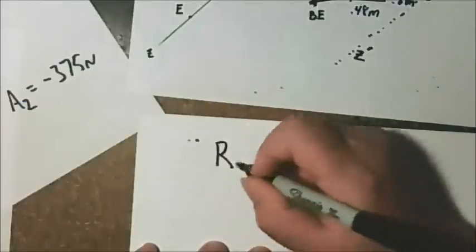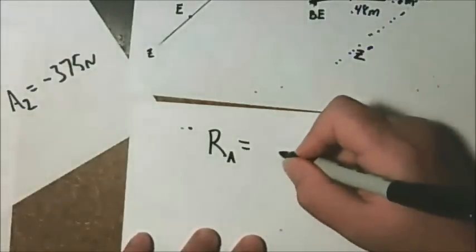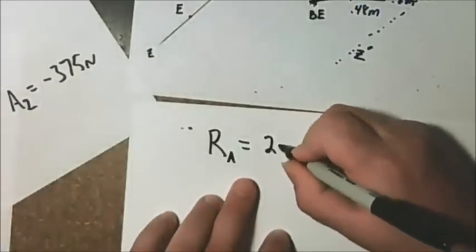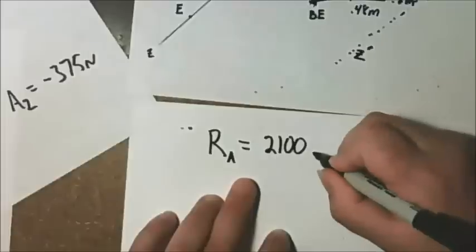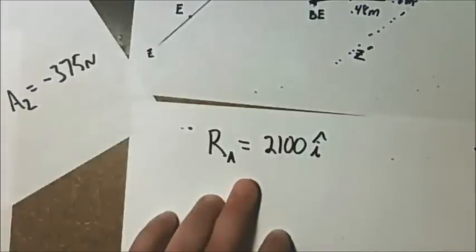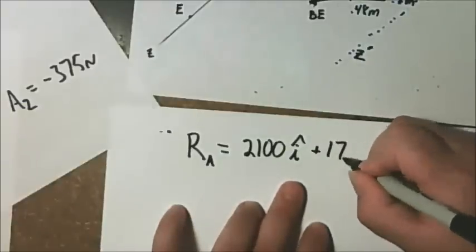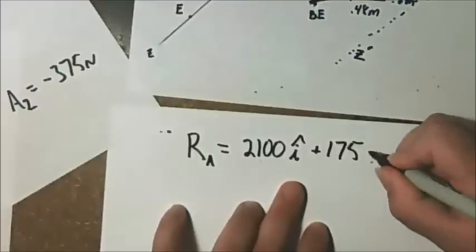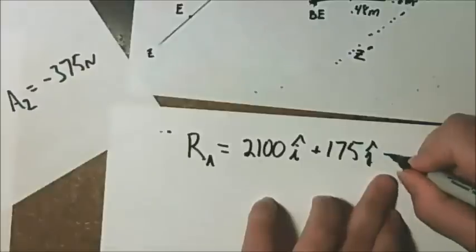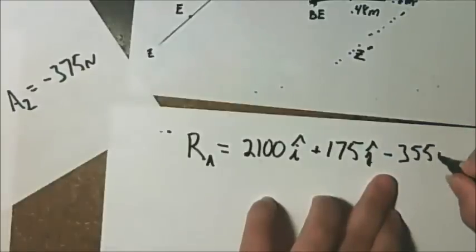So our reaction force at A is equal to 2100 newtons in the x direction, 175 newtons in the j direction, and a negative 375 newtons in the k direction.